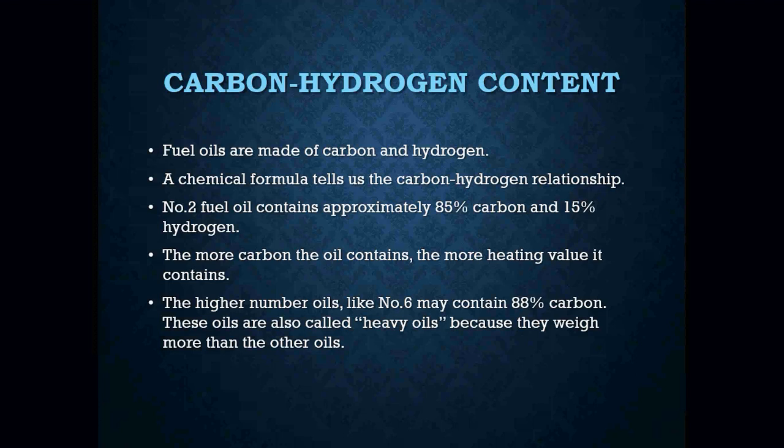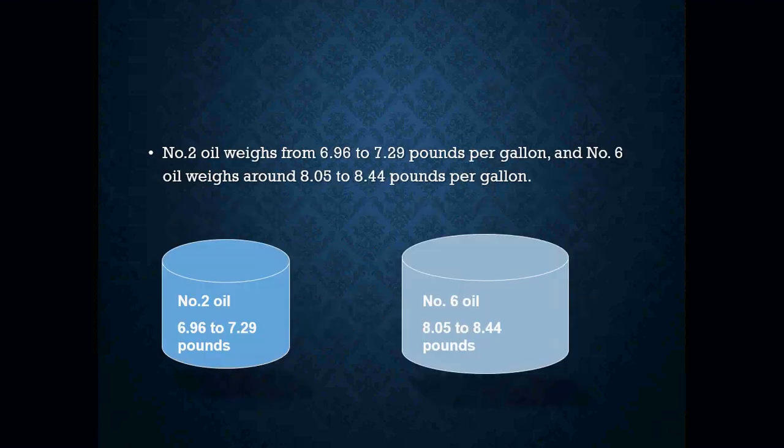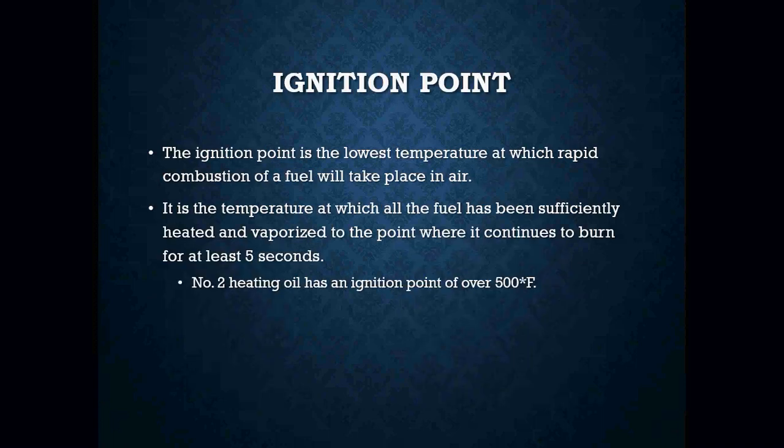These oils are also called heavy oils because the weight is more than other oils. So number 2 fuel oil is going to have a weight of somewhere around 6.96 to 7.29 pounds per gallon. Number 6 weighs somewhere around 8.05 to about 8.44 pounds per gallon. And that's just simply due to that carbon content that's in there.